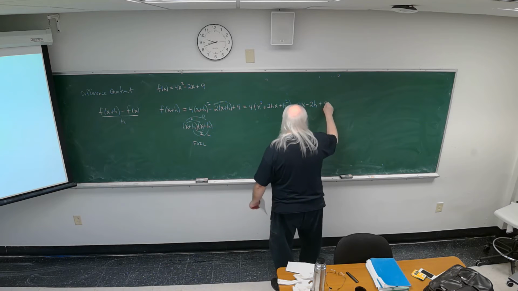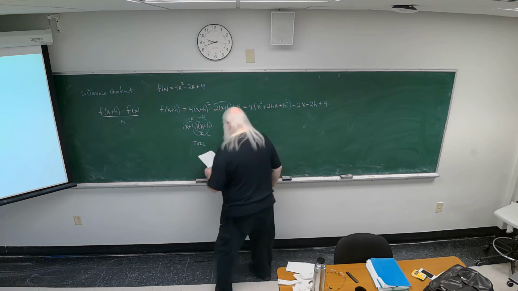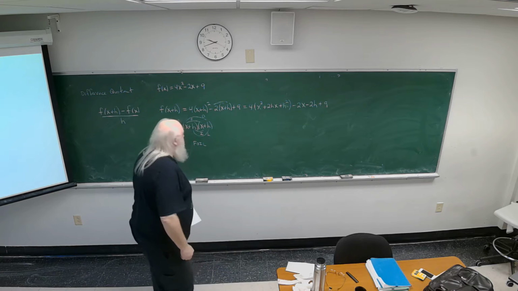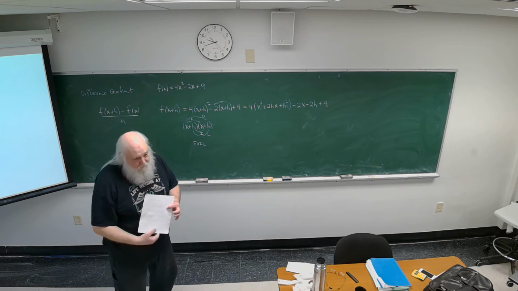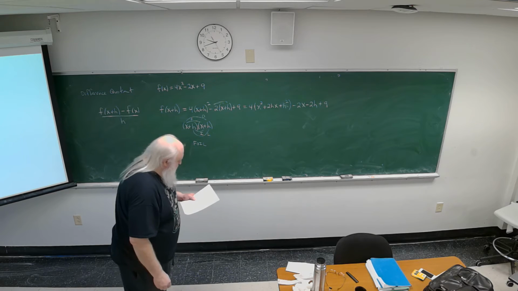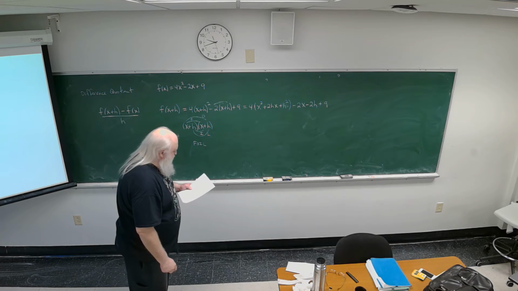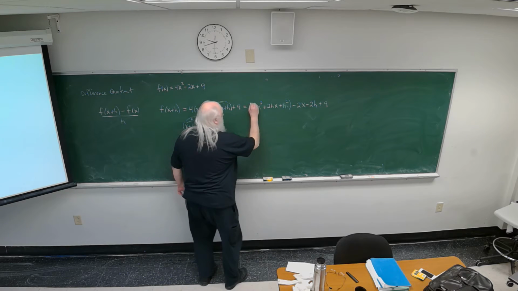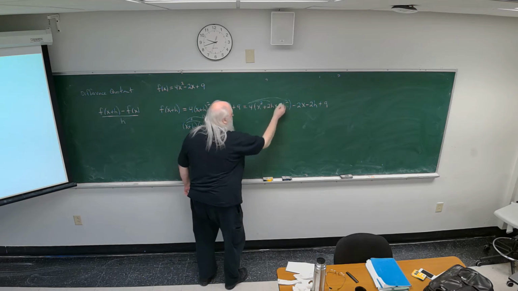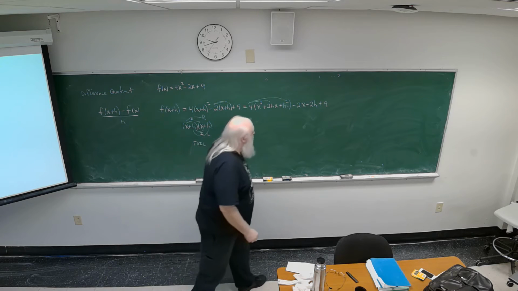And then lastly, we have the plus 9. Now I'm getting all this on one row on my paper, but I'm writing really small. Okay. But now you got to distribute the 4 inside the parentheses here.